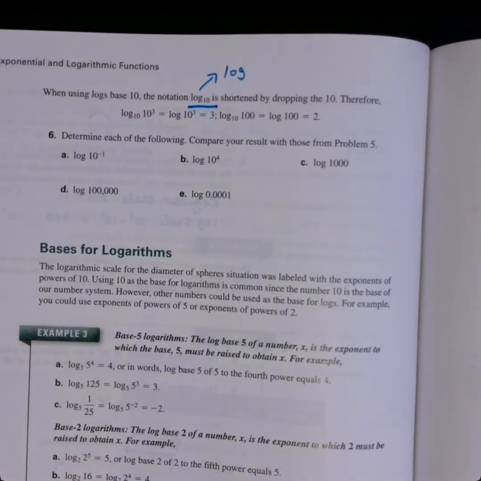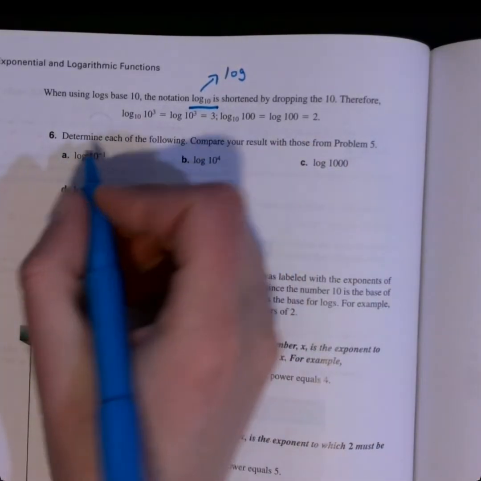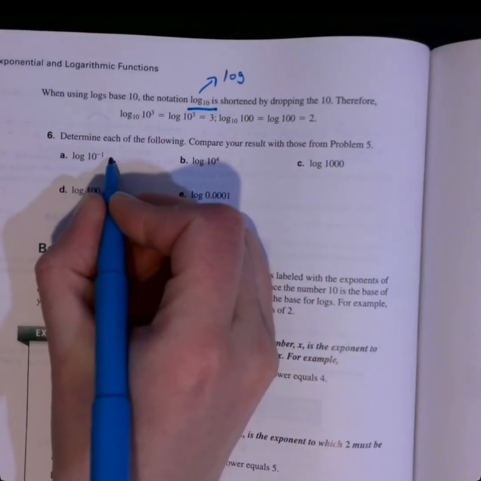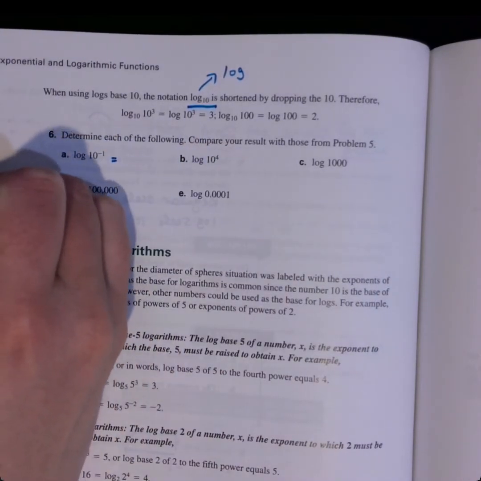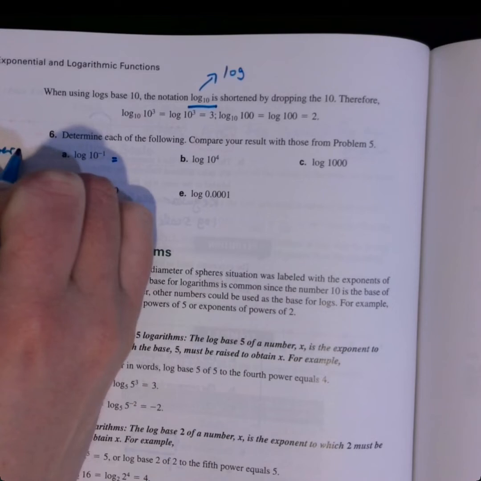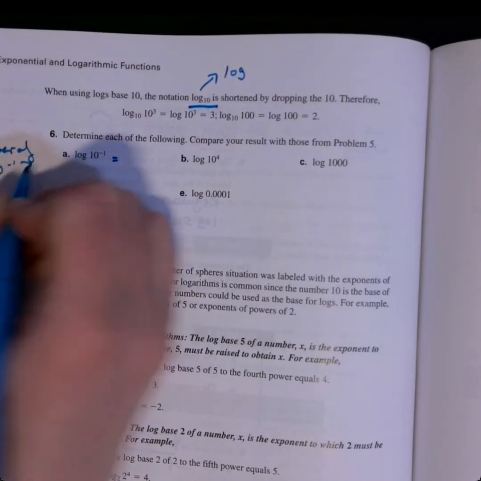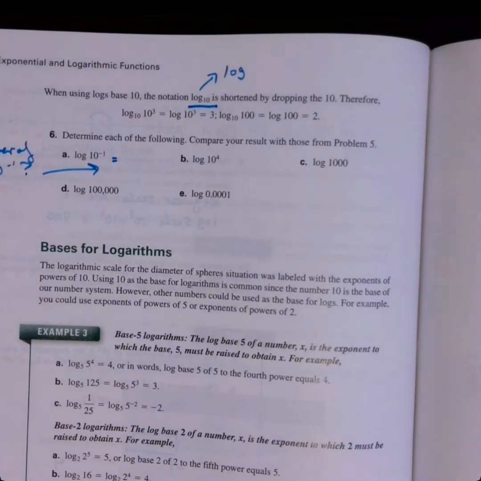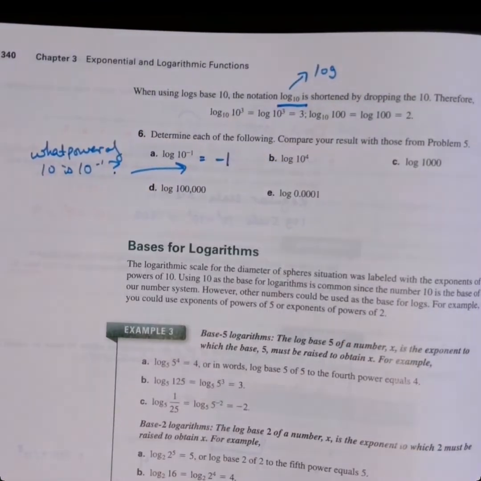But if the base is 10, we're just going to abbreviate it, shorten it by dropping the 10. So the log of 10 to the negative 1 asks me the question, what power of 10, which is the base, is 10 to the negative 1? It's the negative 1 power. So I get negative 1 as the answer.